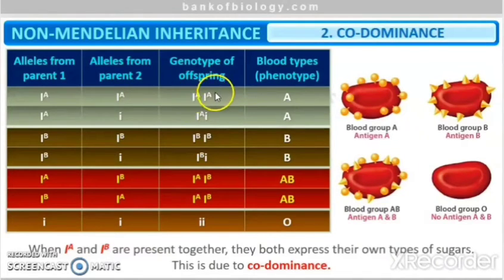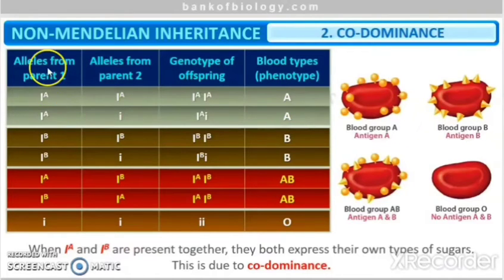The blood type the person will have is A, because these are dominant alleles and they both code for the same character.